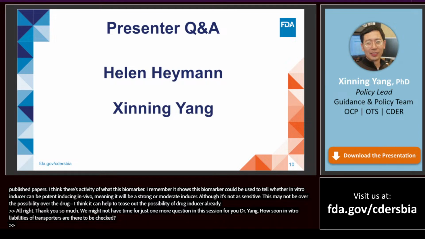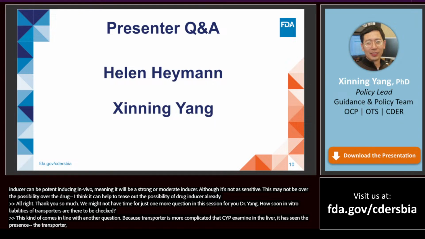Yeah, this kind of comes in line with the earlier question. Transporters are more complicated than CYP enzymes, which are mainly in the liver. CYP3A also has significant presence in the intestine, but the transporters are present in different tissues. So some of this needs to consider the administration route of the drug, the elimination pathway, and the target site.